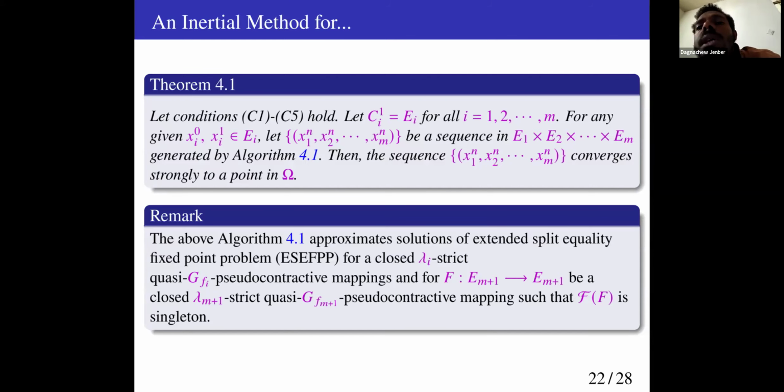That is, omega is the set of solutions of the m-tuple split common fixed point problem.